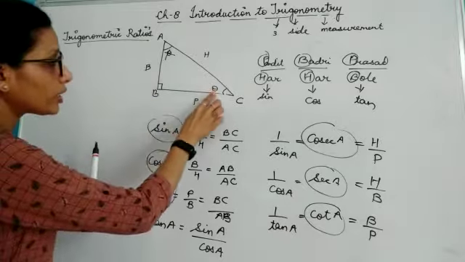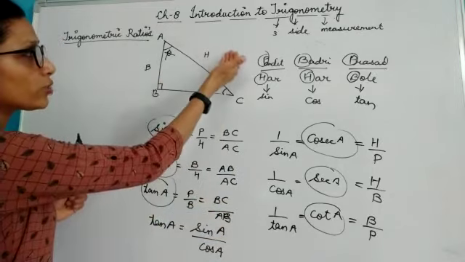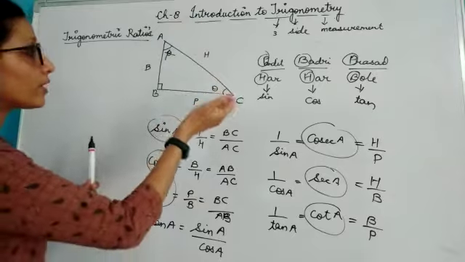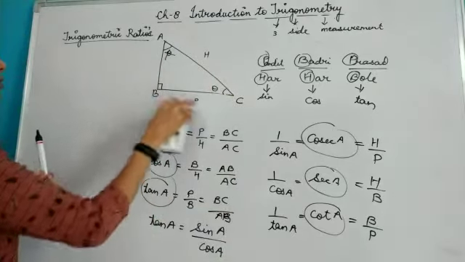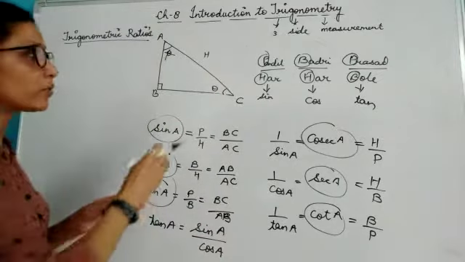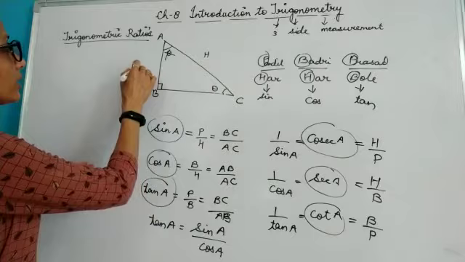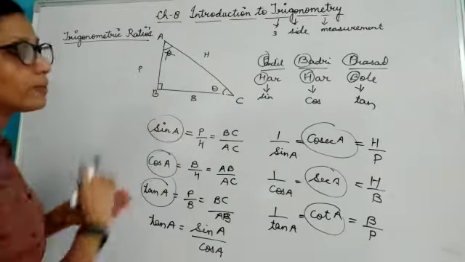So when I am taking theta over here, this is 90 degree, and opposite to it always hypotenuse will lie. Opposite to theta, perpendicular will lie. So first I will place my perpendicular just opposite to theta, and the leftover side will be base.